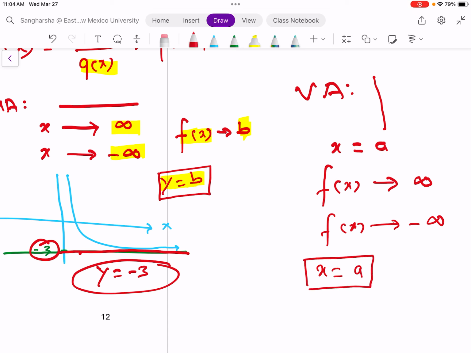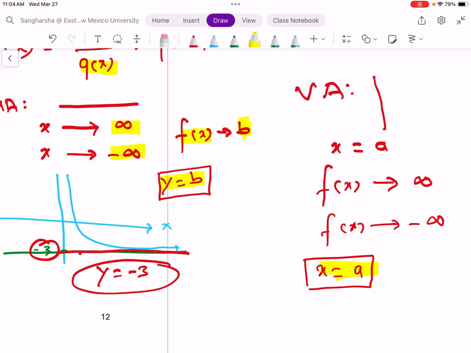So you choose your input a, any number, and when you choose that input a, if your output is very big, or undefined, then x equals a is a vertical asymptote.